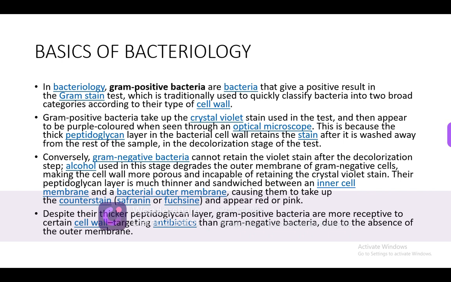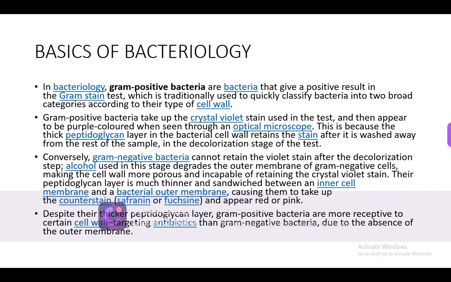The gram positive bacteria take up the crystal violet stain used in the test, which is a mixture of crystal violet and other agents, and then appear purple. They are purple when seen through the optical microscope and can be caught easily.